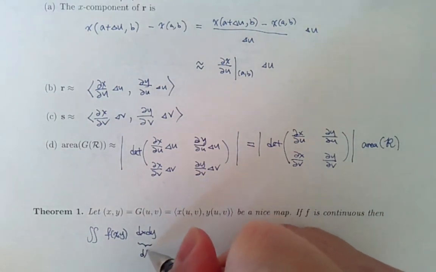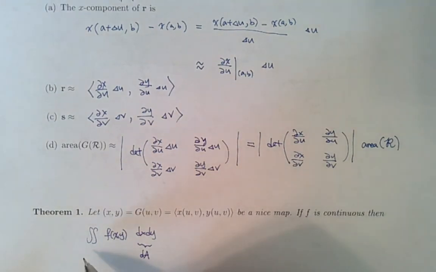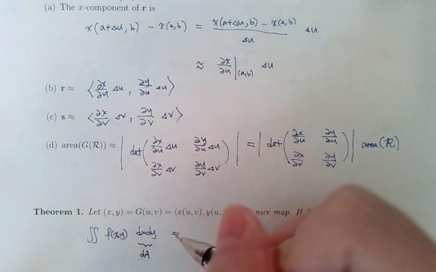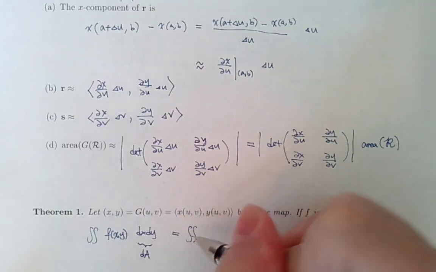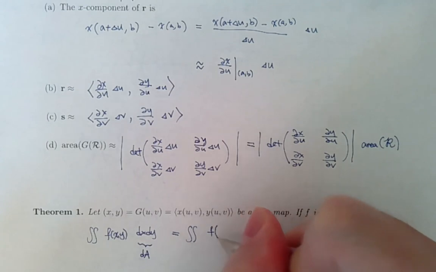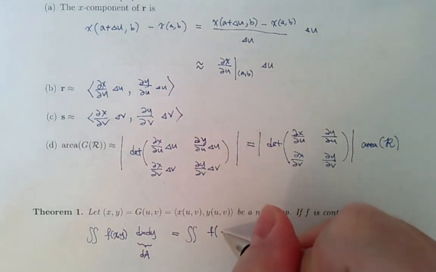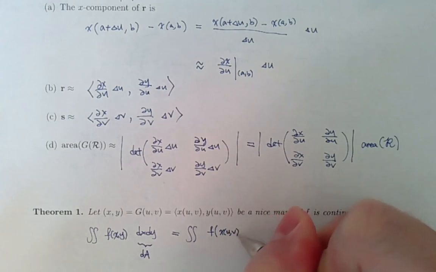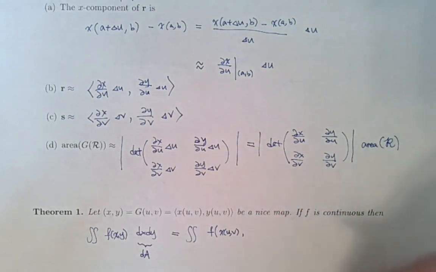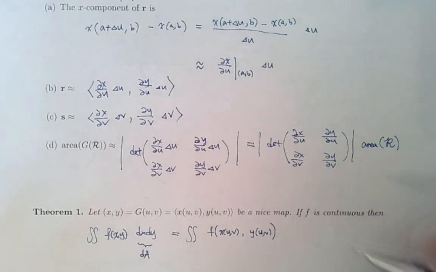I want you to be aware that we are in the xy plane right now. I'll leave this blank for now. The theorem says that's equal to another double integral. And here we're going to use u's and v's. So I will evaluate x as a function of u and v, y evaluated as u and v.